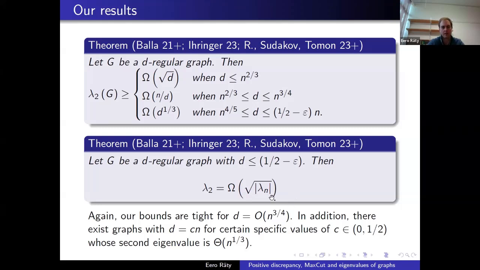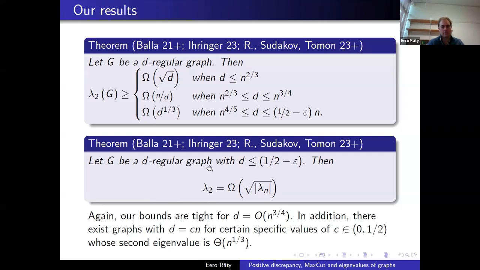So this result that lambda 2 is at least square root of lambda n was first proved by Igor Balla in his paper which came out as a preprint three years ago. That paper is mostly concerned with certain bounds on equiangular lines, and does some fairly involved matrix projections, which then at the end give this bound.